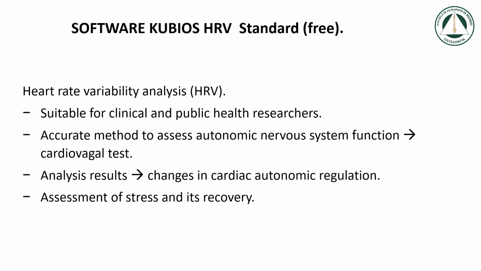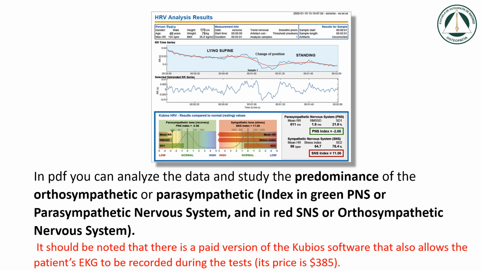The results of the analysis reflect changes in cardiac autonomic regulation and can be used, for example, to assess stress and recovery. In the PDF, you can analyze the data and study the predominance of the orthosympathetic or parasympathetic index: in green PNS, or parasympathetic nervous system, and in red SNS, or orthosympathetic nervous system.